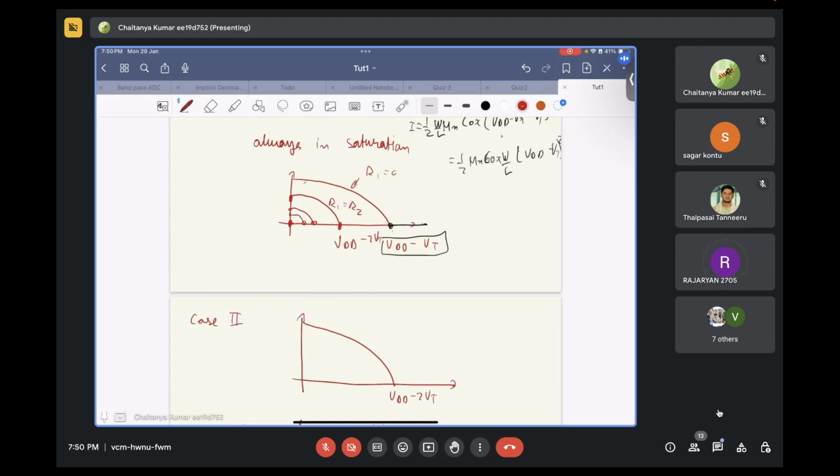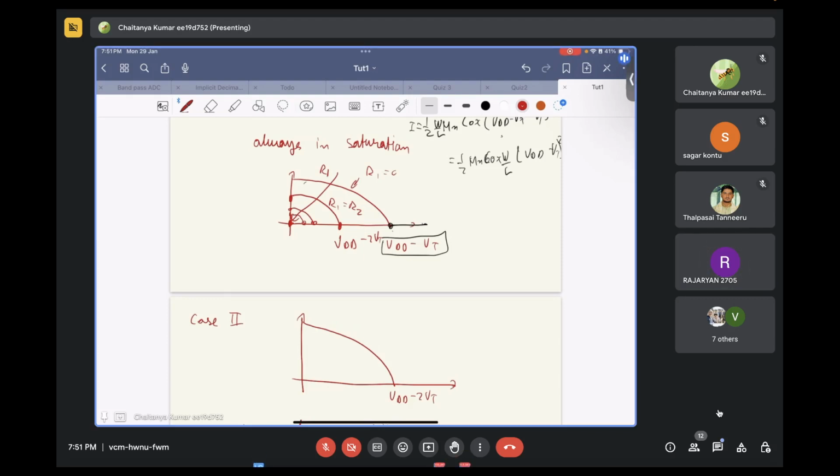So this curve comes when the R1 value keeps on increasing. If R1 is 0, your VGS is maximum, your current is maximum. If R1 keeps on increasing, your VGS keeps on reducing, your current keeps on reducing. Is this clear? Yes, sir.